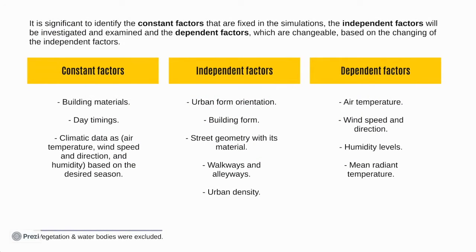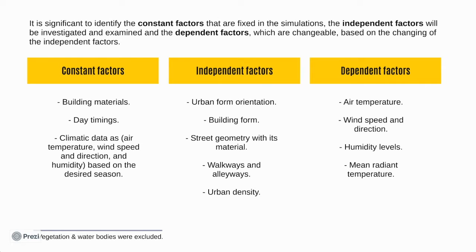It's significant to identify the constant factors that are fixed in the simulations. The independent factors will be investigated and examined in the dependent factors, which are changeable based on the changing of the independent factors.